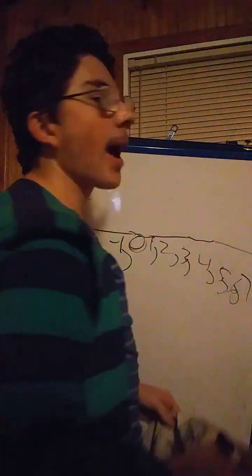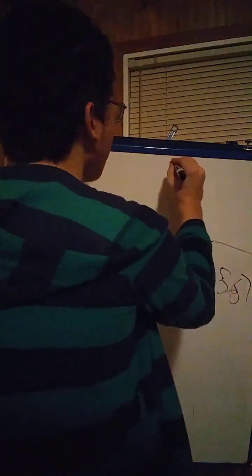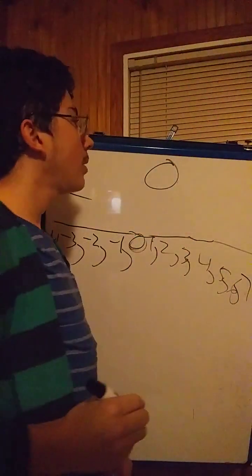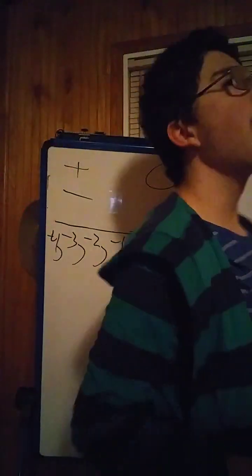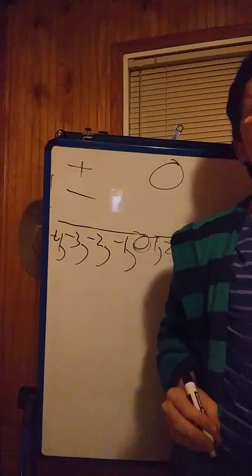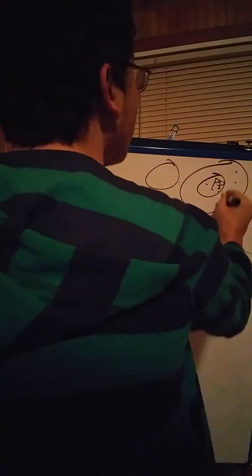Okay, I completely forgot about something. What about 0? Is that positive or negative? I could compare it to an atom in science. This is the nucleus, the center of the atom. It houses protons, and orbiting around it would be the electrons.